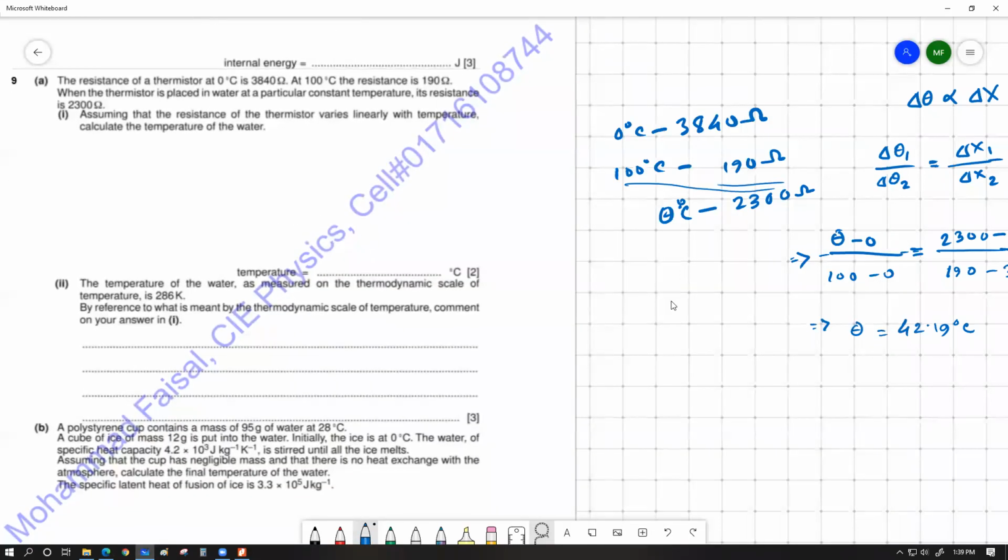The thermodynamic scale of temperature, or Kelvin scale, is defined in a way that necessarily means the temperature scale should not depend upon any physical property of any object.